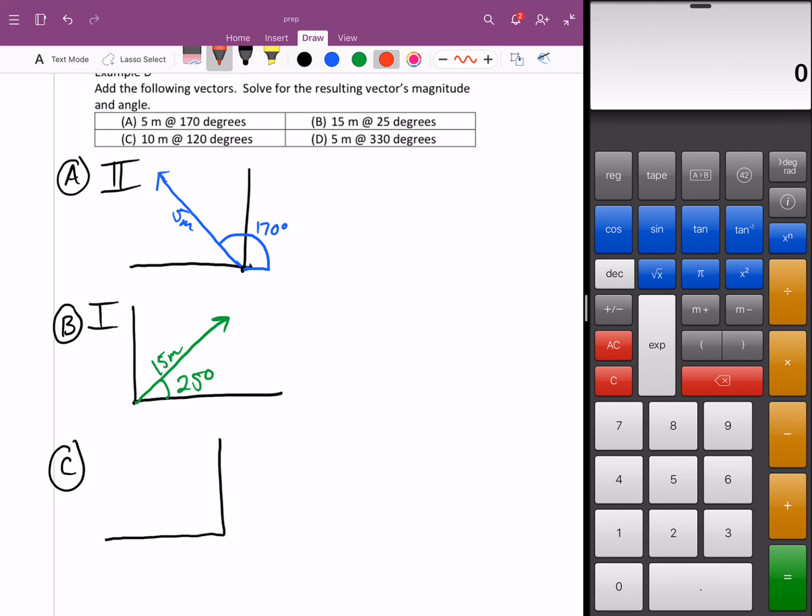The vector is measured to be 120 degrees, with a magnitude of 10 meters.